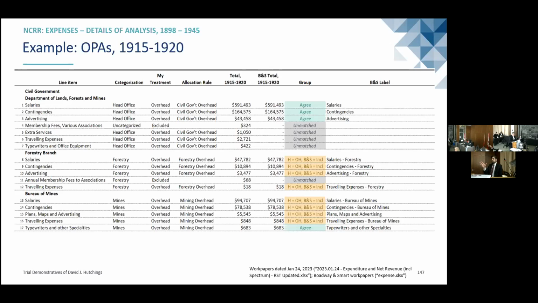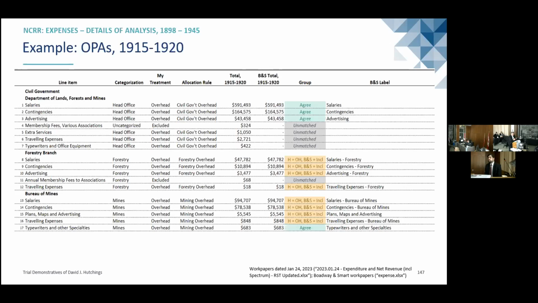The next column. I just want to stop you for a second, just to be clear about something. You're talking about the three greens, agrees? I hadn't got there yet, but yeah. When I heard the word agree, and the numbers are the same, does that mean that both you and Bodway and Smart applied the exact same dollar amount?